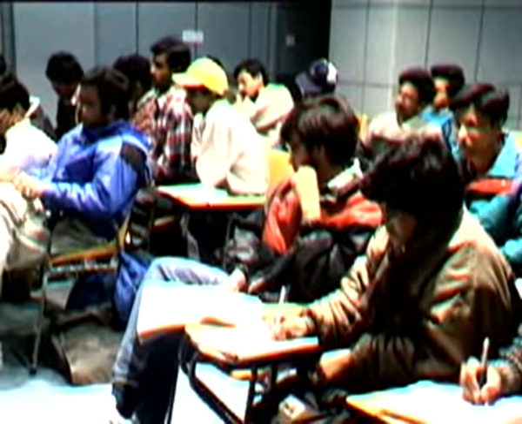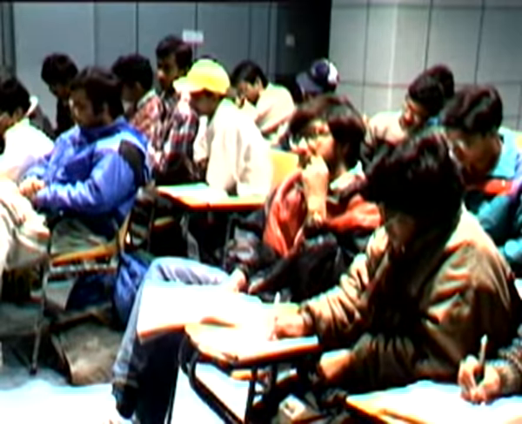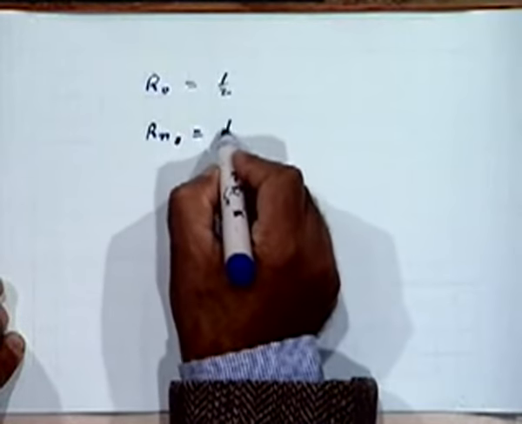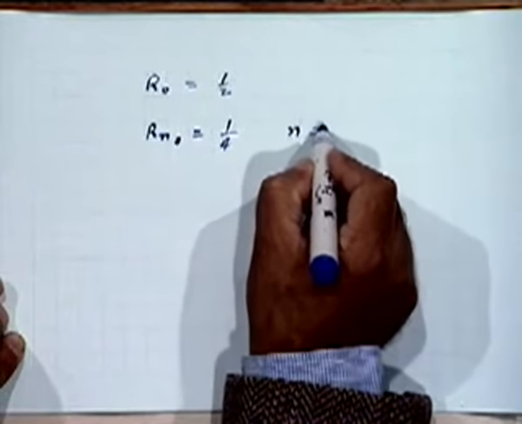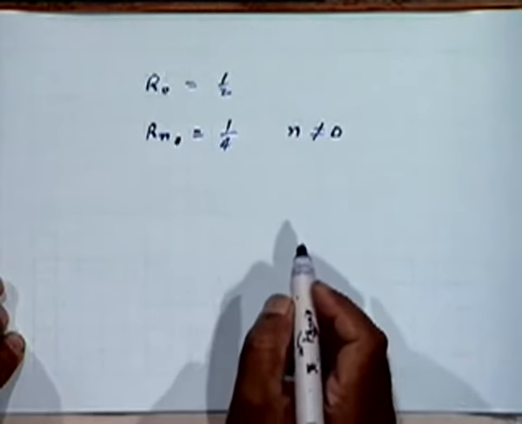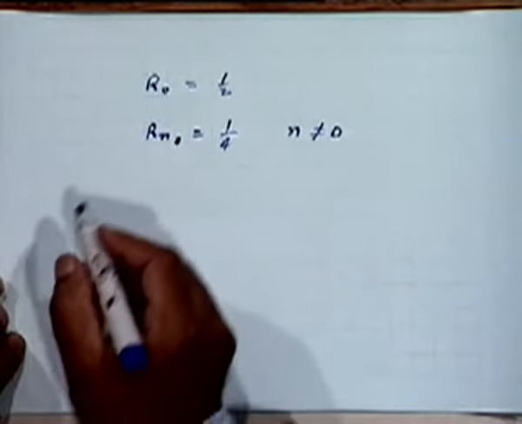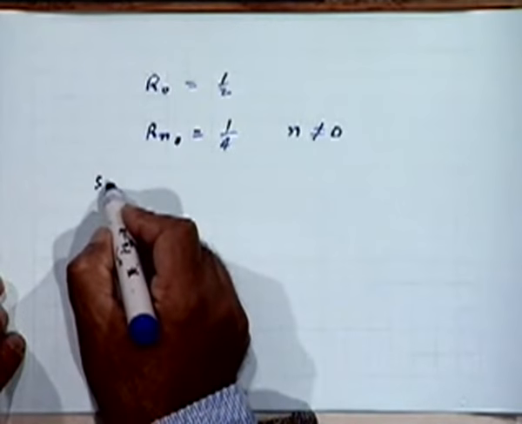So the conclusion is that R0 equals half, but Rn equals 1 by 4 for n not equal to 0. Substitute that in your expression for Sx omega.